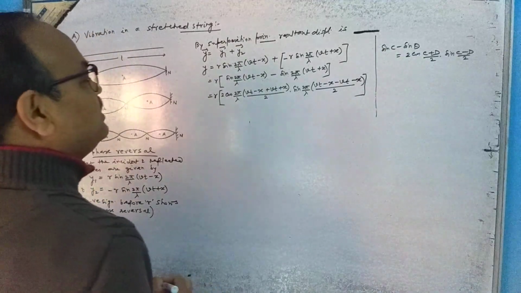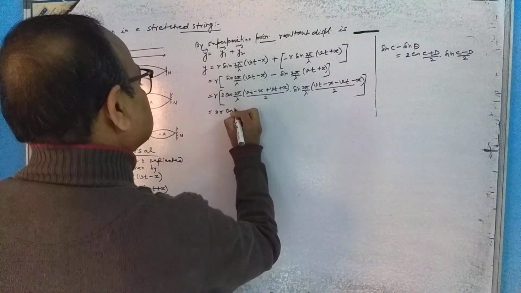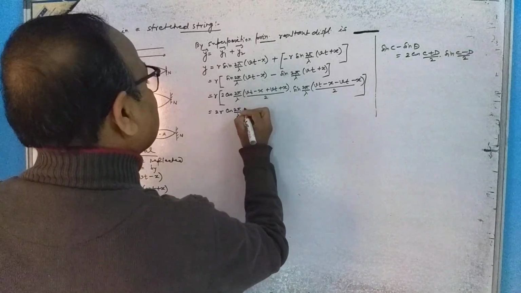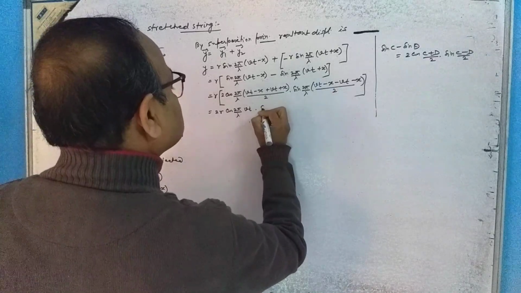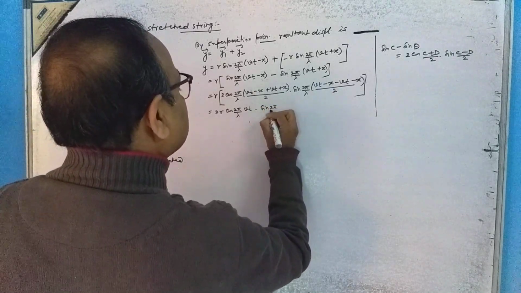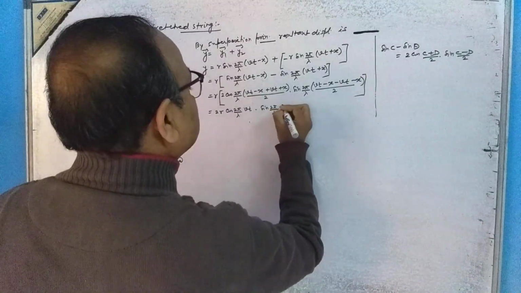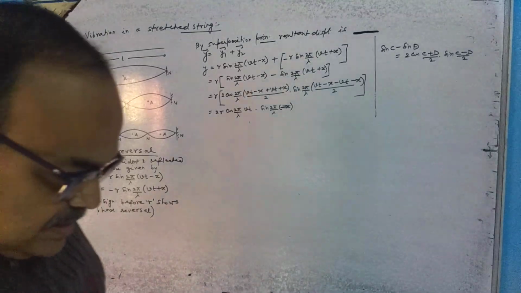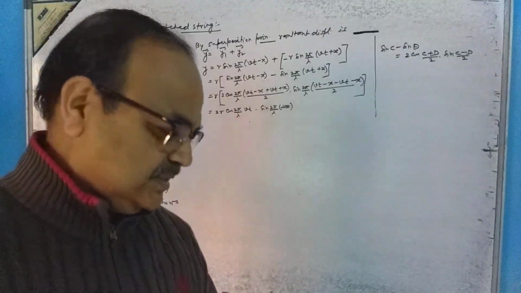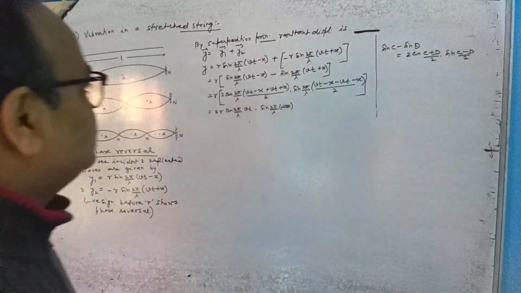Please check what you are getting. Twice r cos twice pi by lambda Vt into sine twice pi by lambda into minus x. I hope all of you are agreed to this.